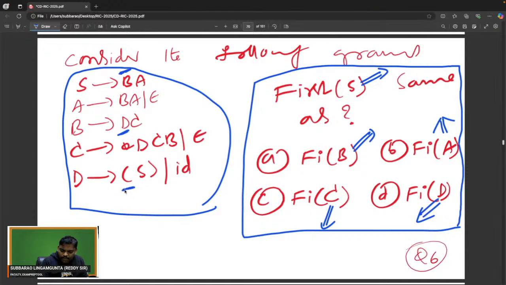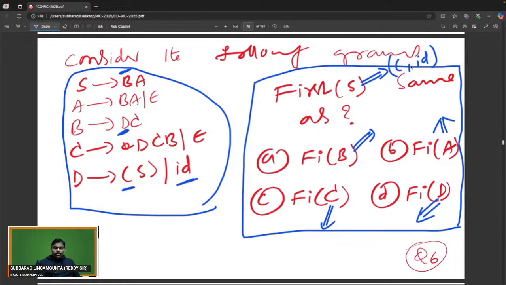Open bracket and ID. So first of D is open bracket and ID, because there is no epsilon, no problem. So first of B is first of D. I think first of S is open bracket and ID. First of S is first of B, first of B is first of D, first of D is open bracket and ID.